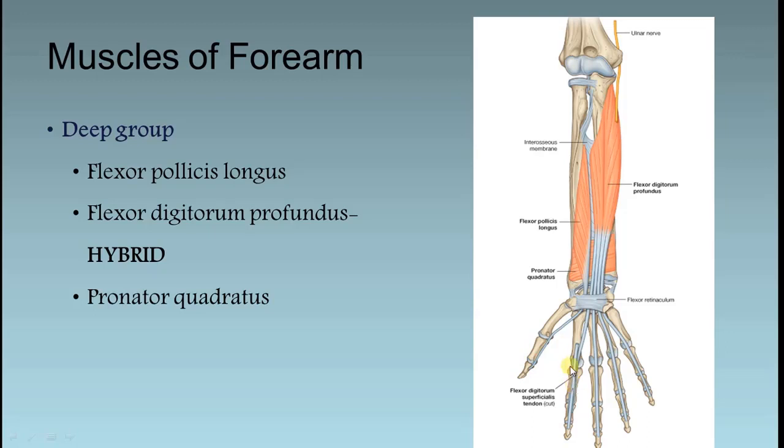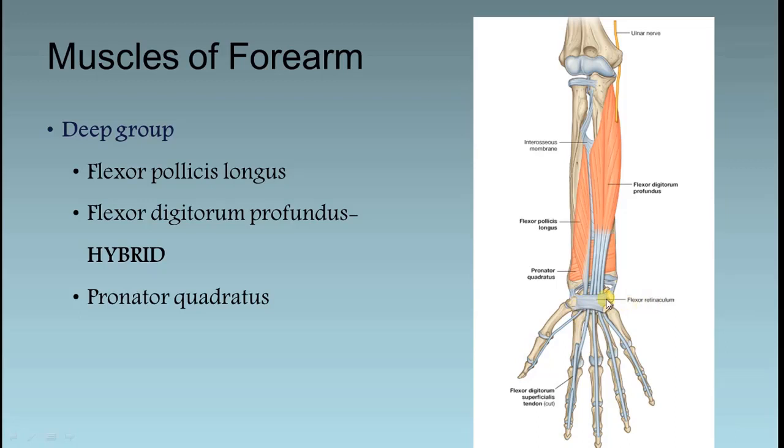So this is the proximal interphalangeal joint, and this is the distal interphalangeal joint. Both the muscles on prolonged contraction can also bring about flexion at the wrist. These muscles are mainly passing deep to the flexor retinaculum.